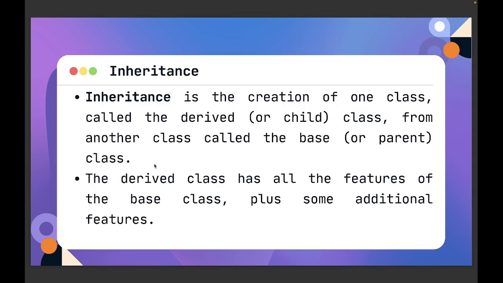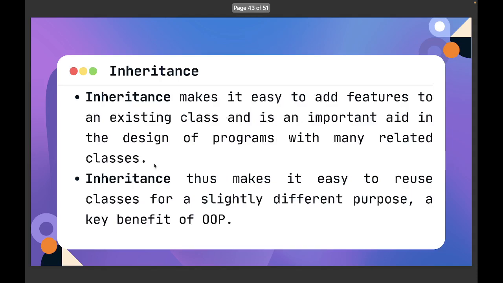Another one is inheritance. This is the creation of one class in which we derive the class from the parent or base class. We have tried this before, right? In your OOP, you inherit all of the features of the base class plus additional features. Inheritance makes it easy to add features to an existing class and is an important aid in the design of programs with many related classes.